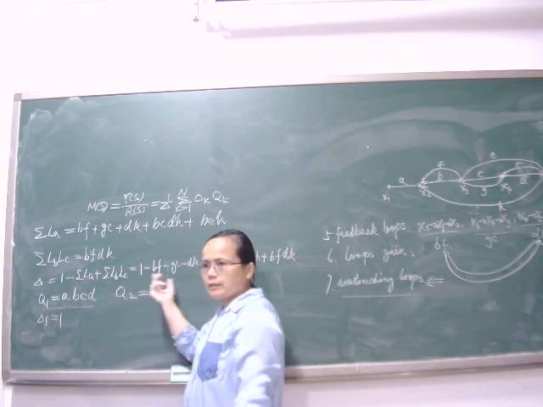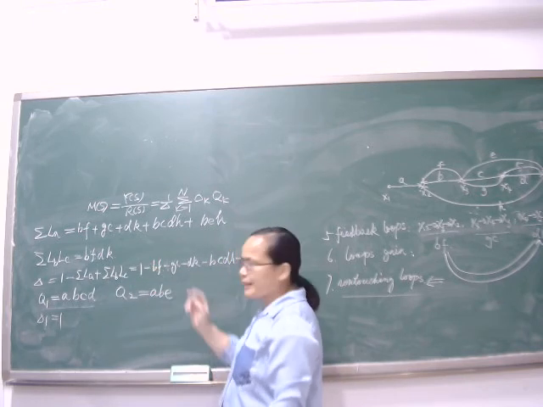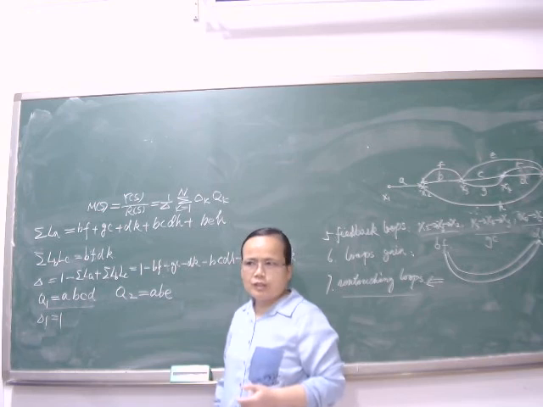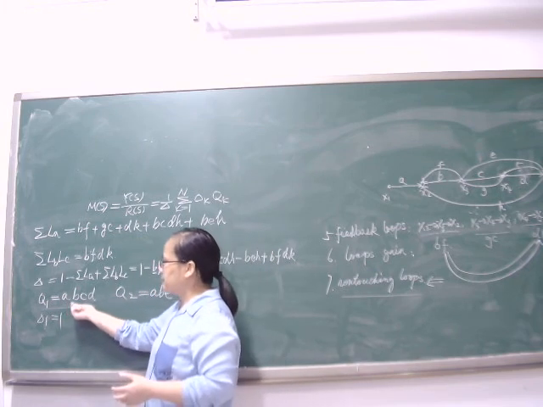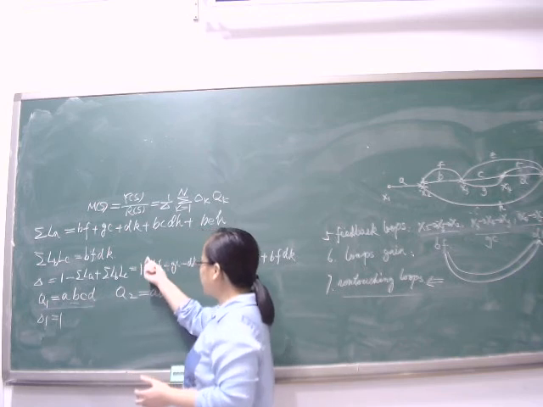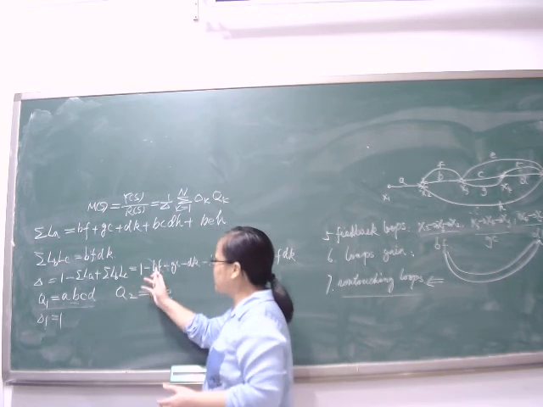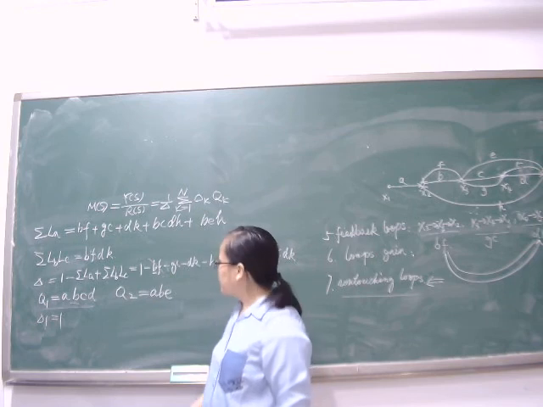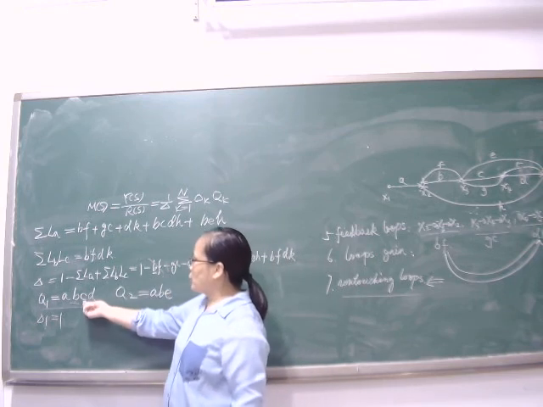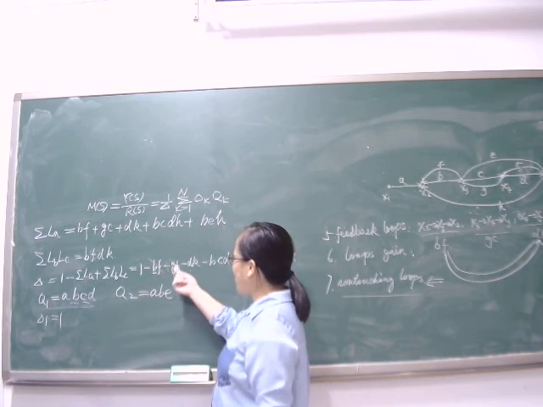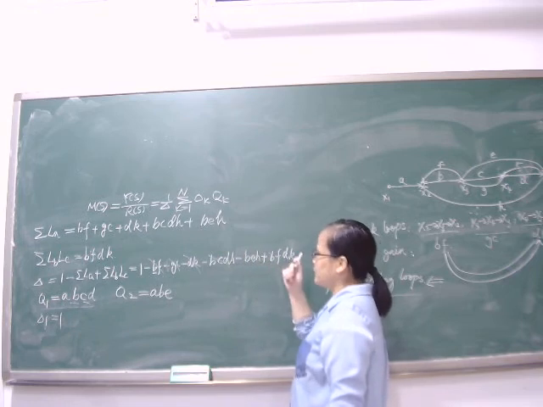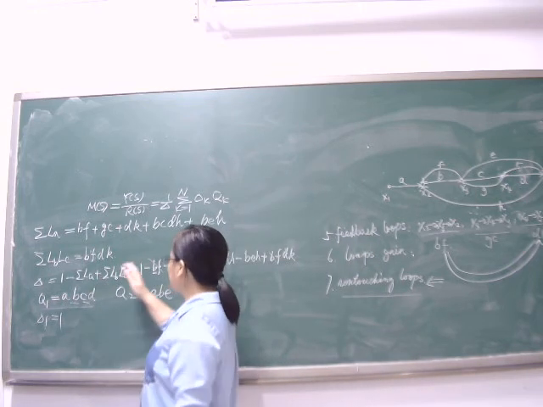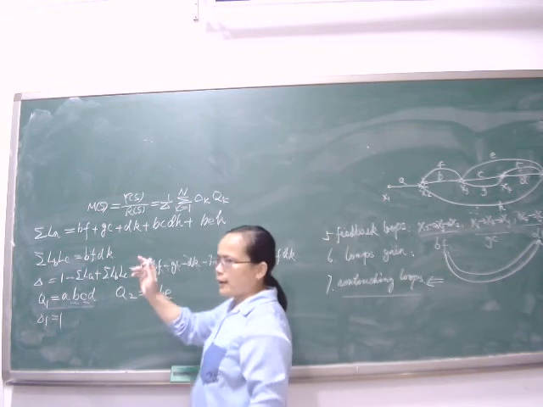So this should be deleted, because it has a common path B. So for delta 1, this part should be deleted. Next, this C has a common branch D, and B, C, so it is deleted, and 1 remains.